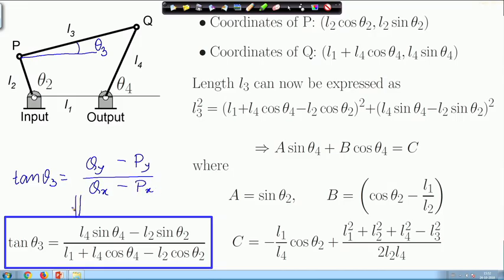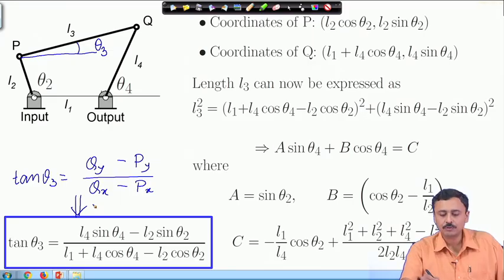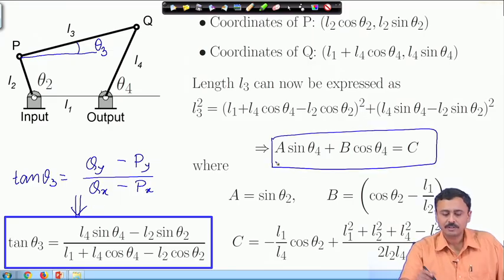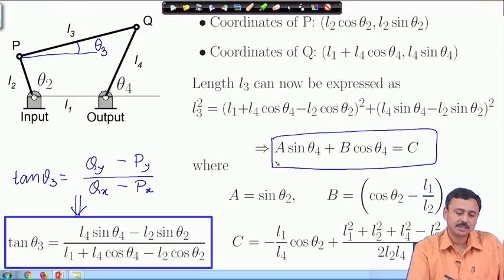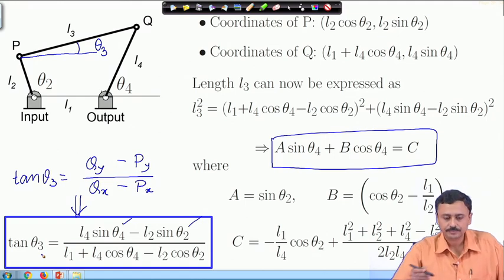From there we will get this expression. So, that is tangent of theta 3. If I can determine theta 4 from this equation, then I will substitute theta 4 here, theta 2 is known, and then I can find out theta 3 as well.